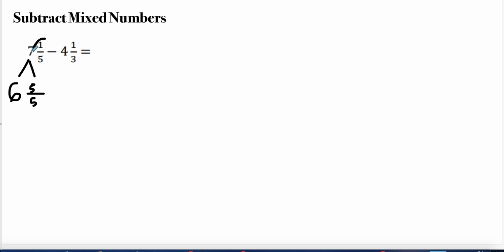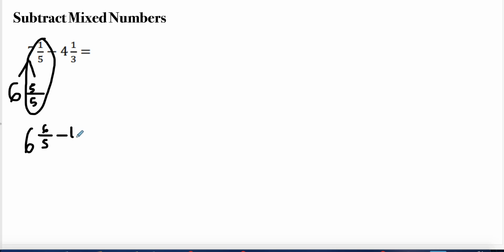Now I'm going to combine the 5/5 and 1/5 to make 6/5. And then I'll keep this whole number 6. So really 7 and 1/5 is the same value as 6 and 6/5.